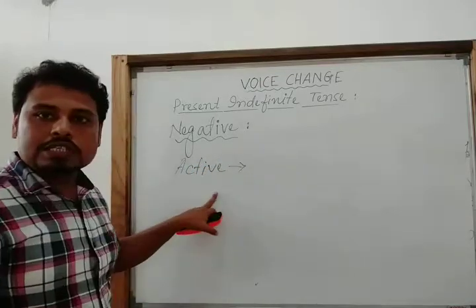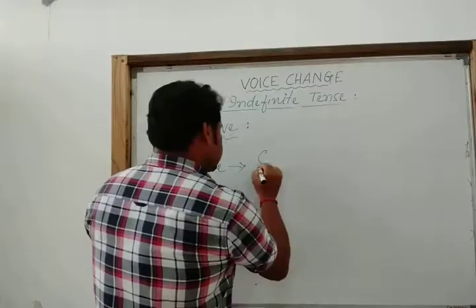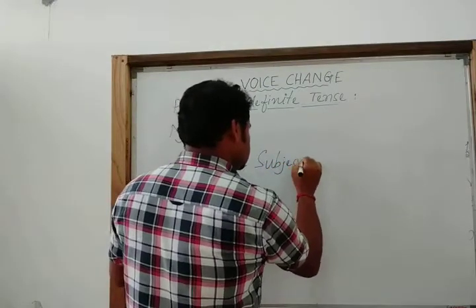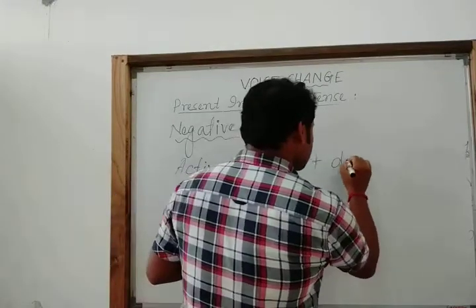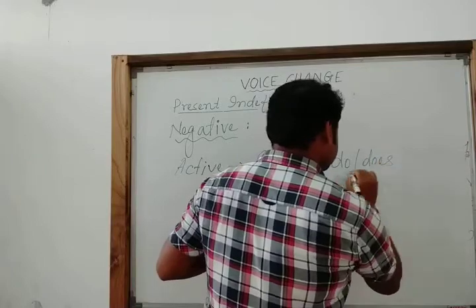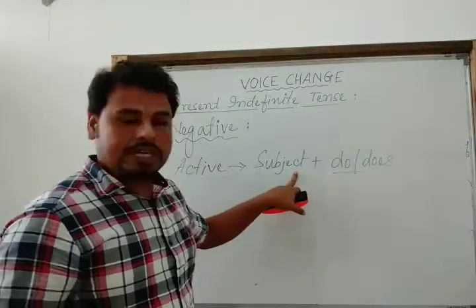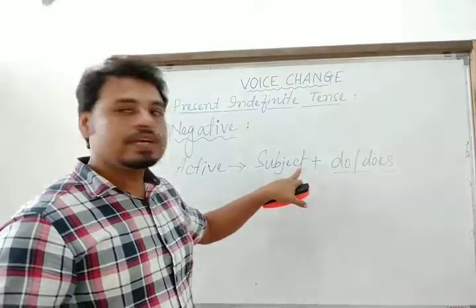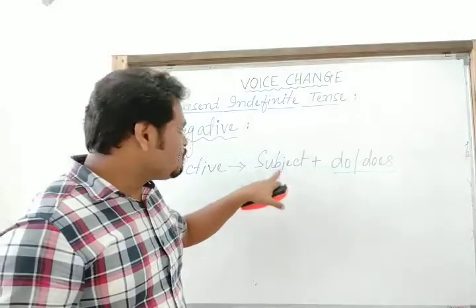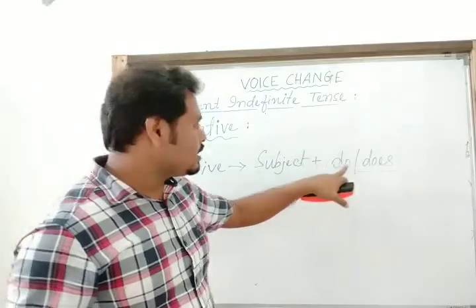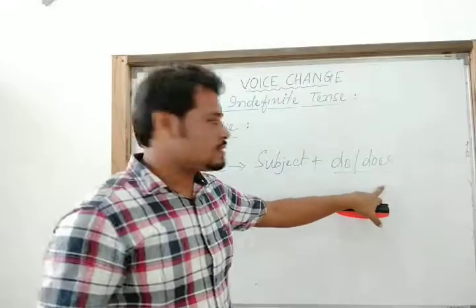So the structure was pretty simple, like subject, do or does. This depends on the subject. The subject in which person, which number, depending on that we can use either do or does.